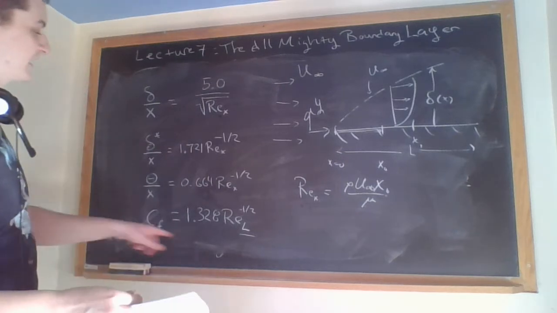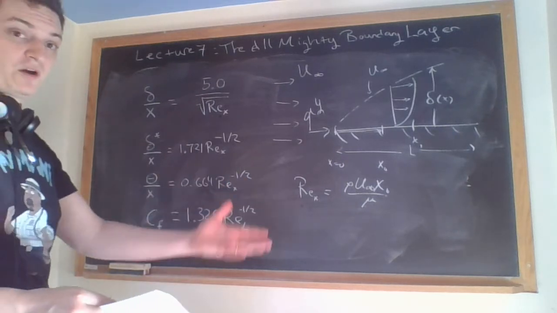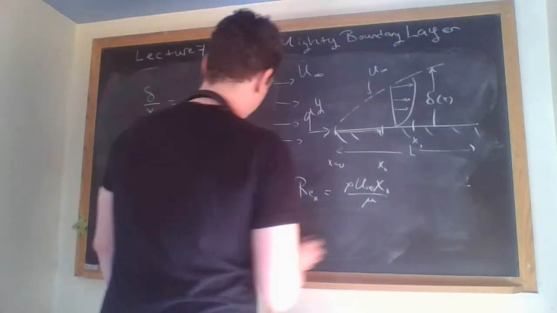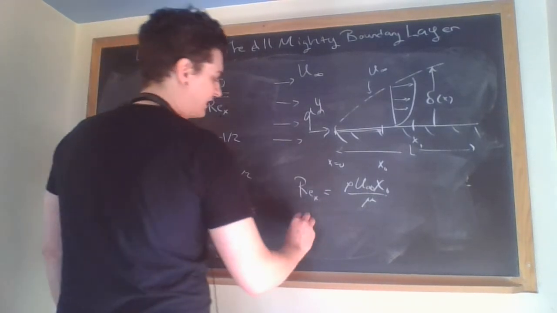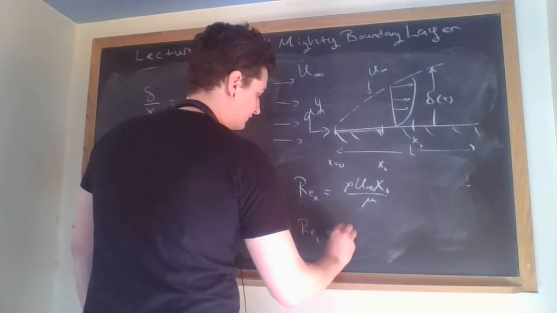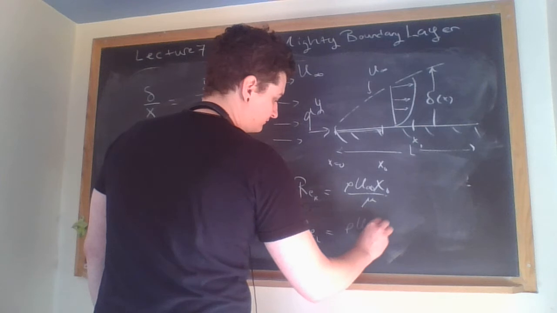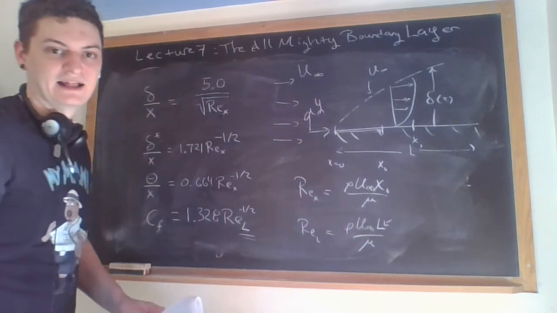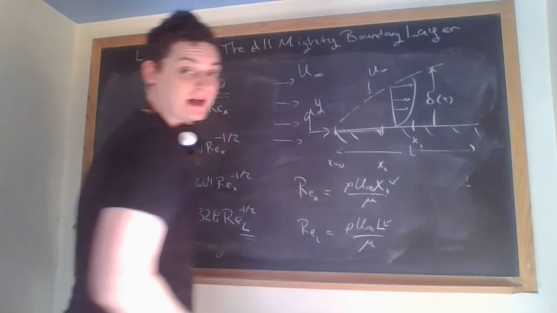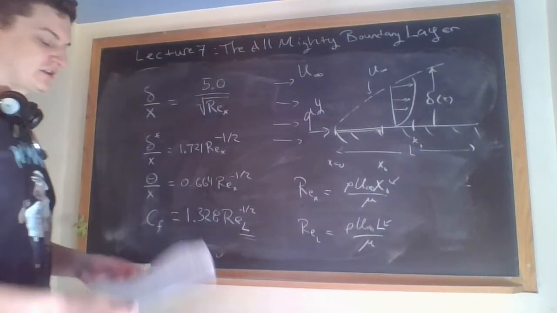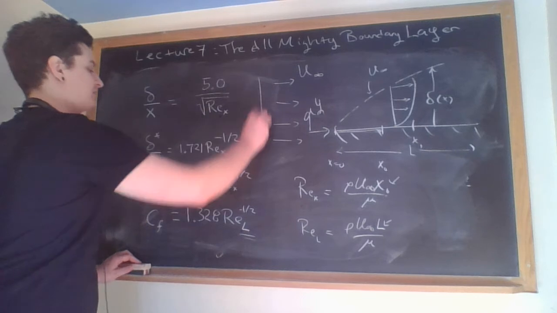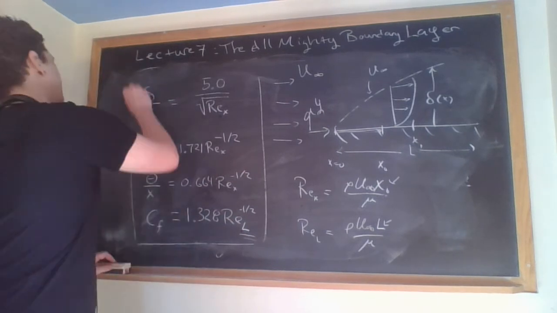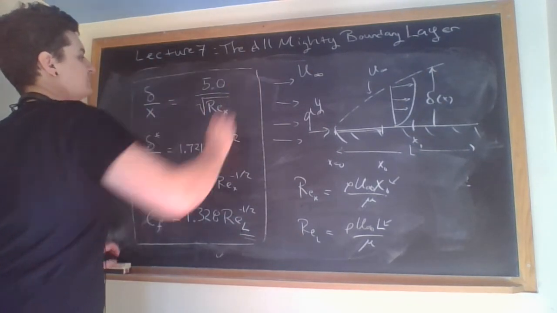The coefficient of drag is actually in terms of the length of the plate, not pointwise. So if it's a finite length, this Reynolds number has an L, not an x. It's important to see that L. This is an L. This is a variable x. So it will change.